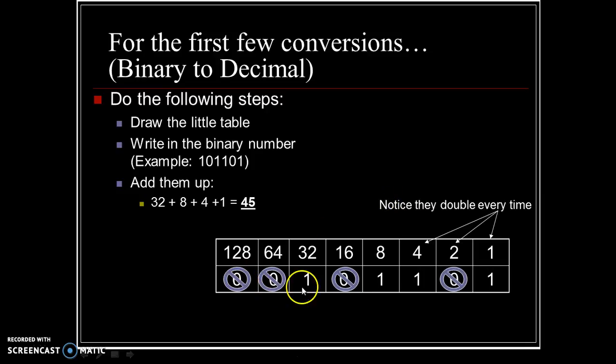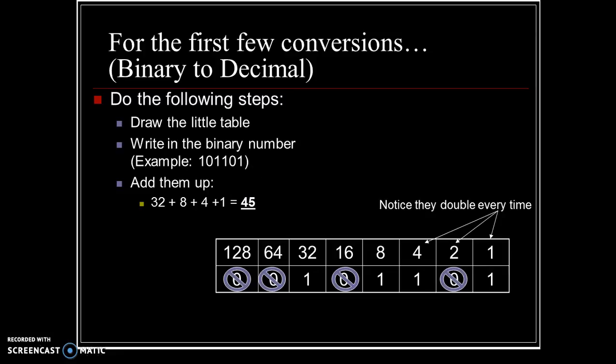So we can ignore all the zeros because 0 times anything is 0. And we can say, okay, 101101 is the same as 1 times 32 equals 32 plus 0 times 16 plus 1 times 8 is 8 plus 1 times 4 is 4 plus 0 plus 1 times 1. 32 plus 8 plus 4 plus 1 equals, if my math is right, 45.